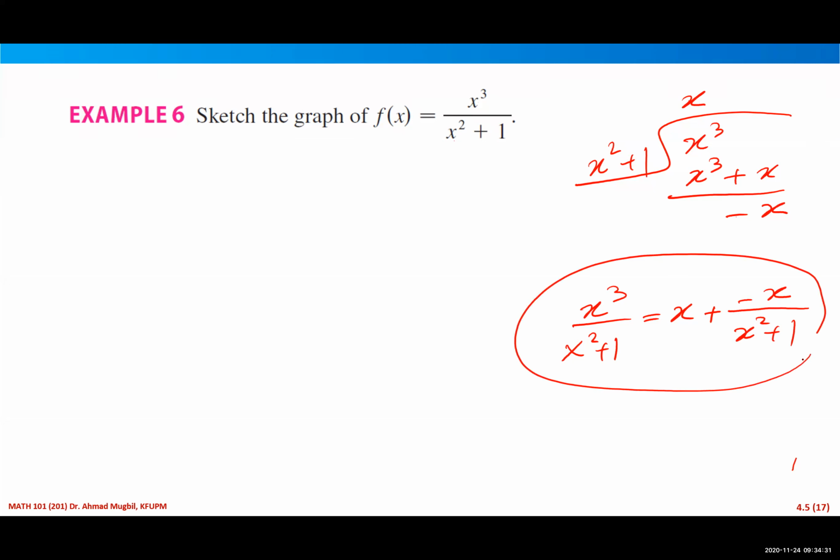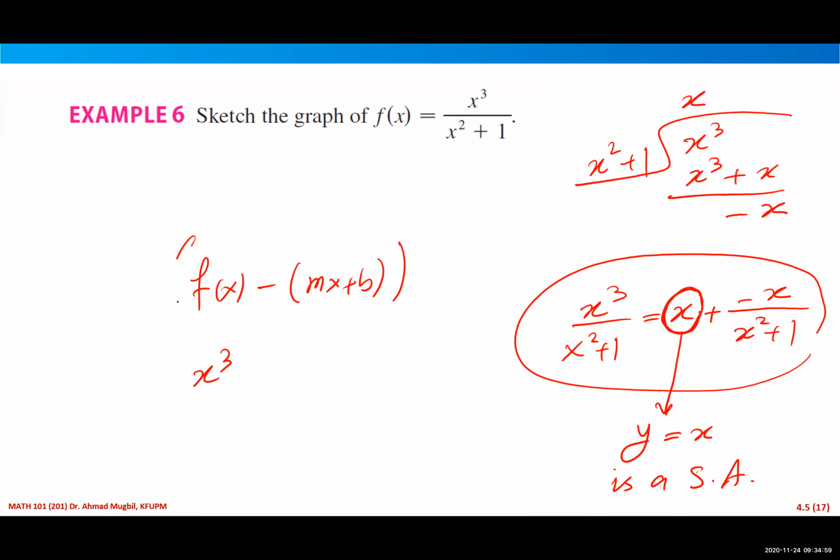Now, where is the slant asymptote, ya shabab? Here it is. It is a line of degree 1. So this one, which is y equals x, is a slant asymptote. How do we make sure that it is really a slant asymptote? Just take x cubed over x squared plus 1, which is the function, and subtract the line.